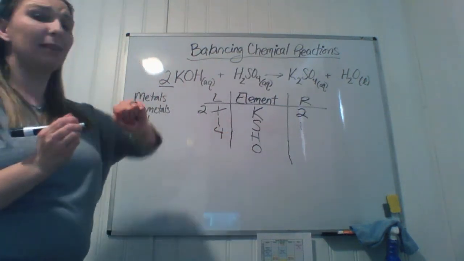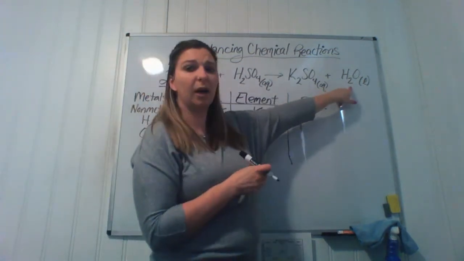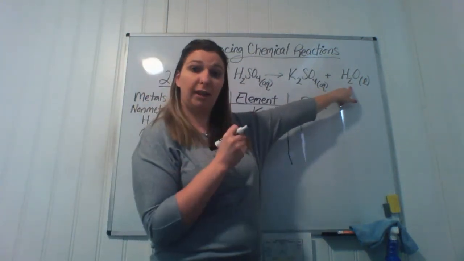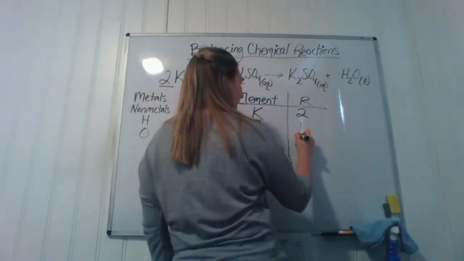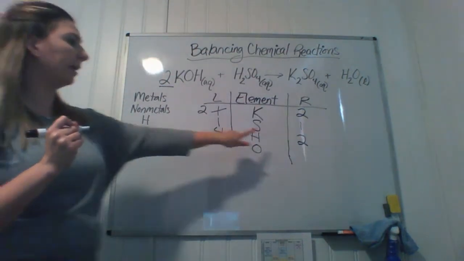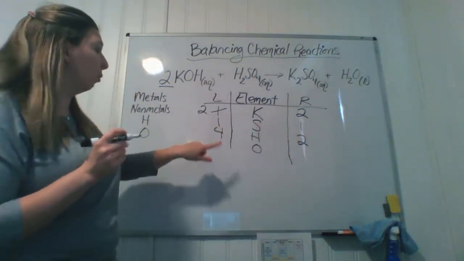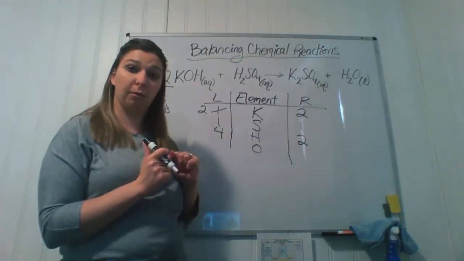Now looking on the right, the only hydrogen present in the products is the hydrogen in the water. That's 2 hydrogen atoms in the water. So we say only 2 hydrogens on the right. Now we recognize this is not balanced. We have 4 hydrogens on the left, but only 2 hydrogens on the right.